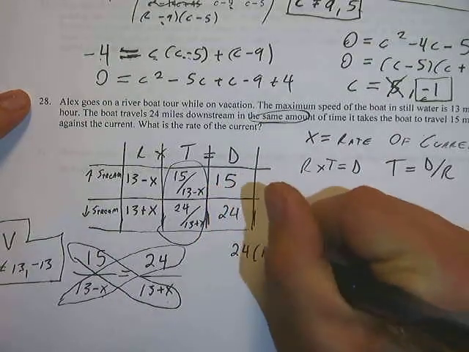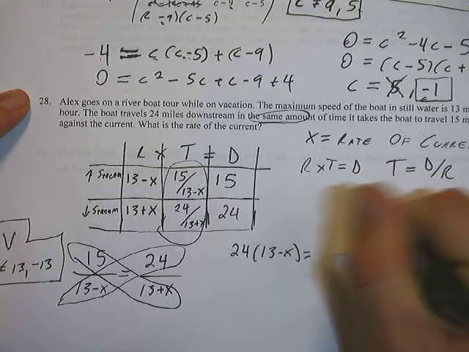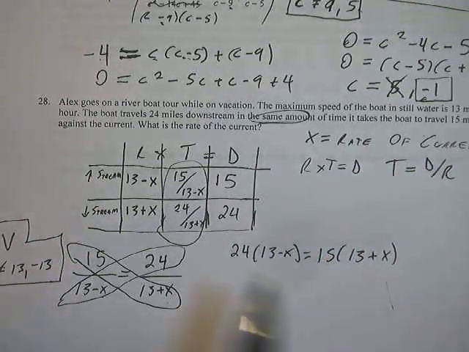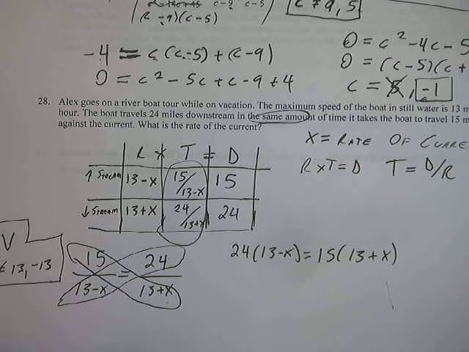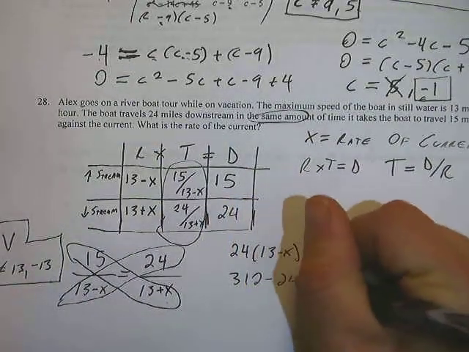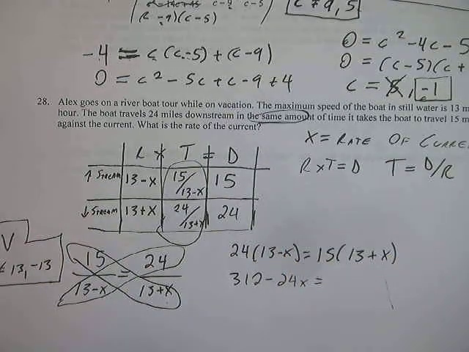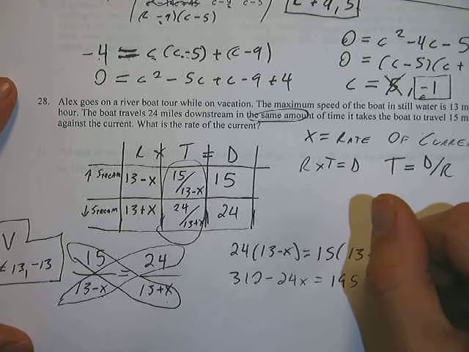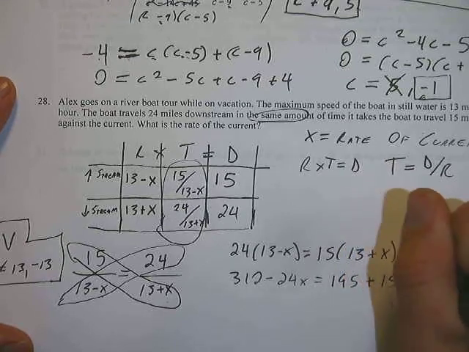So here, what we're going to do is probably cross multiply, which is the easiest way. And that's going to give me 24 times 13 minus x equals 15 times 13 plus x.